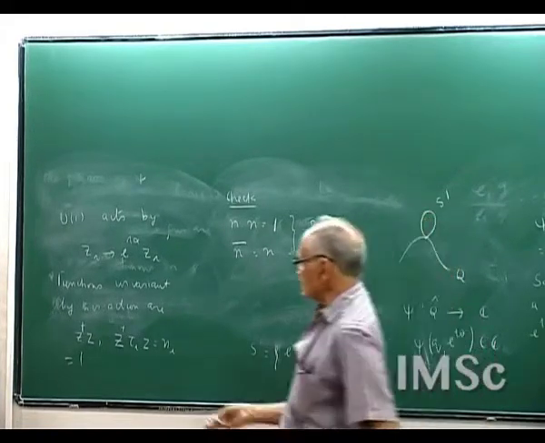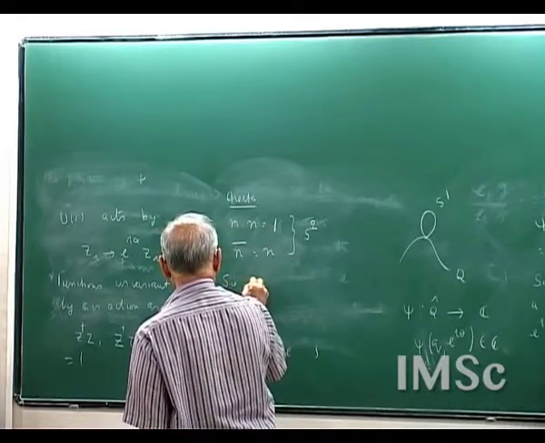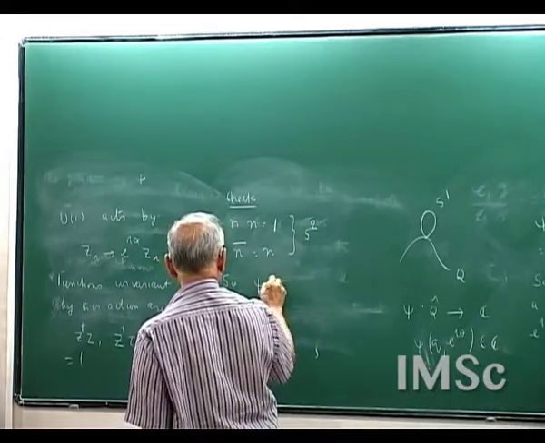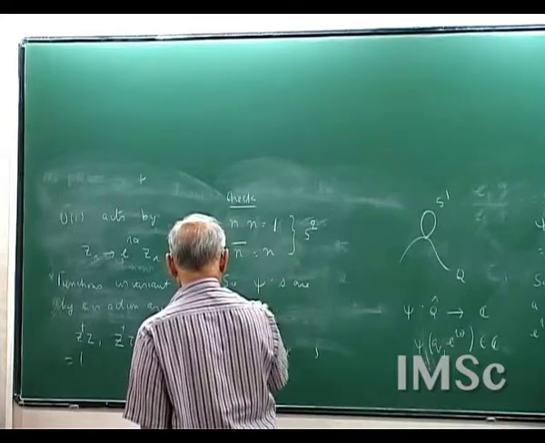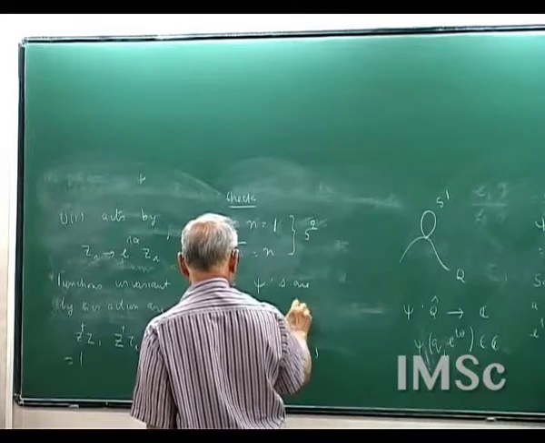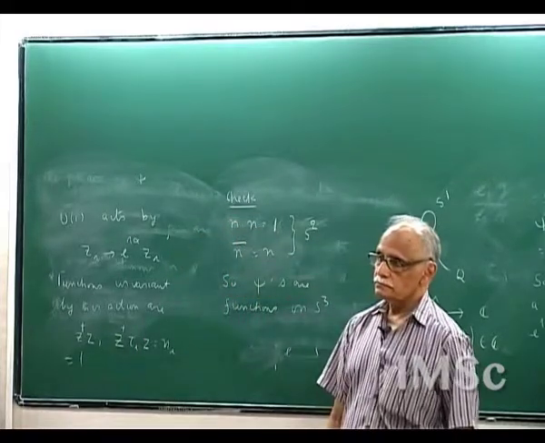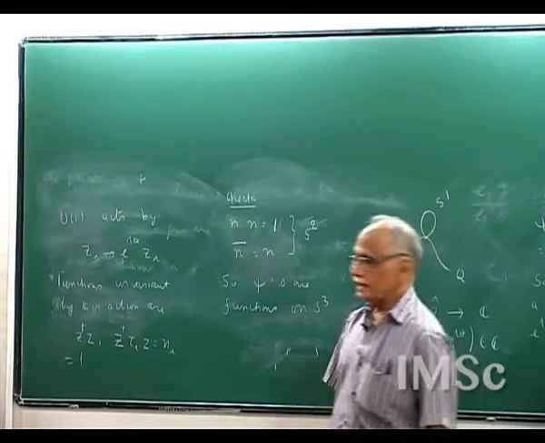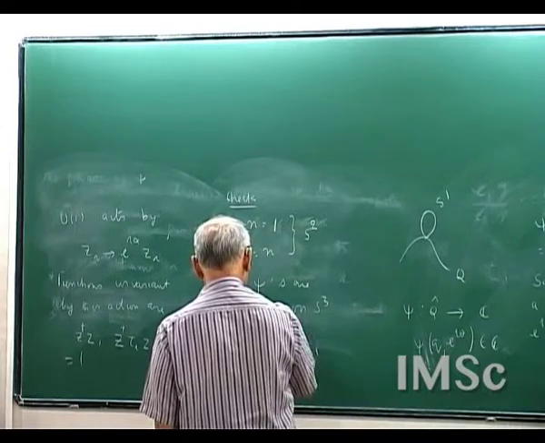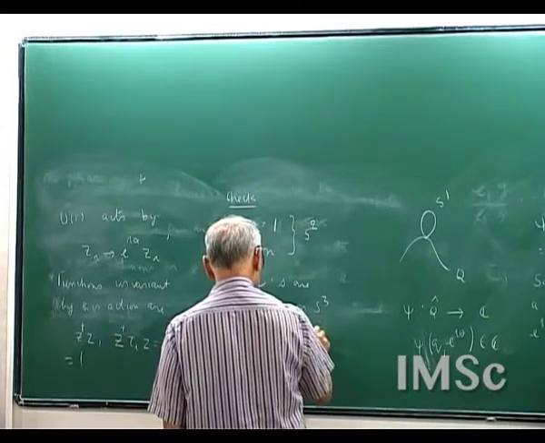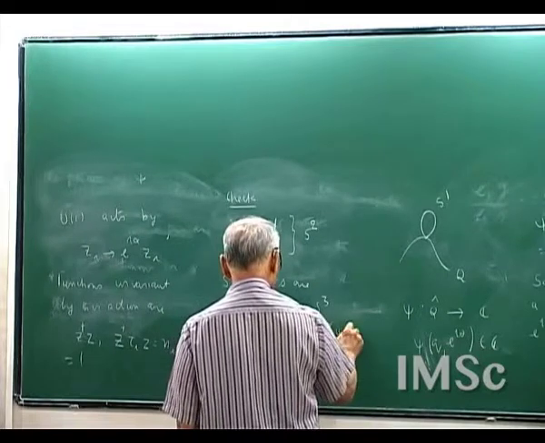So what happens is, wave functions psi are functions on S3, and I will put the condition that psi, if I multiply by a phase, it changes by a phase. I will give you an explicit example which you may know.